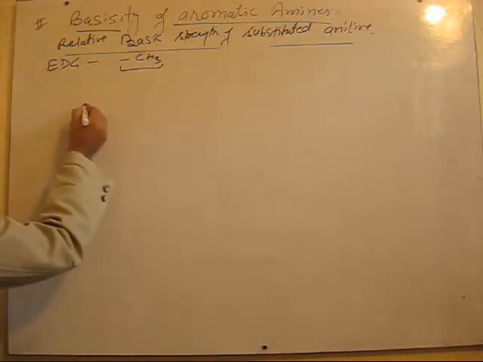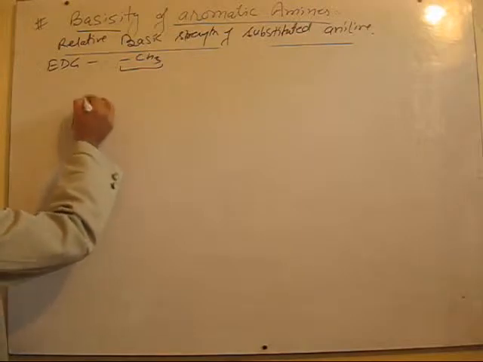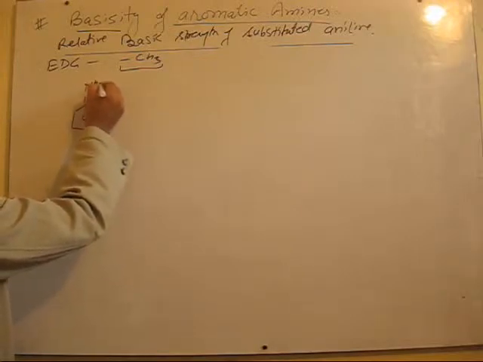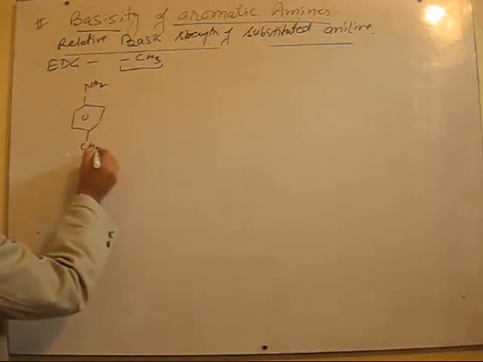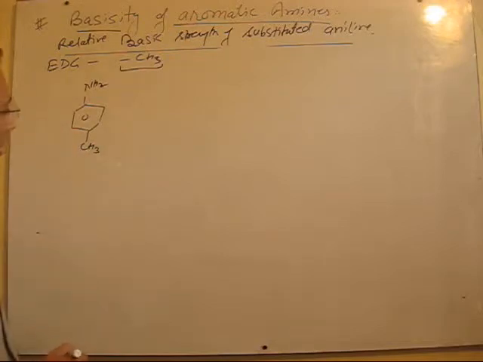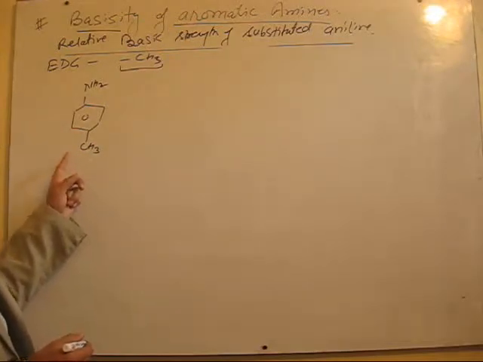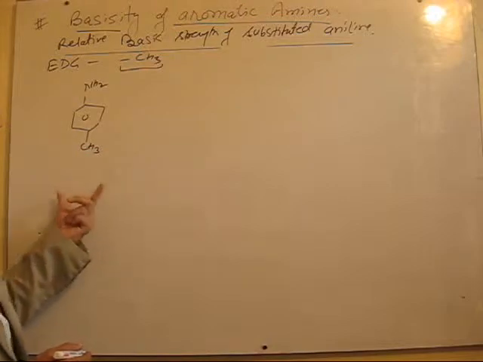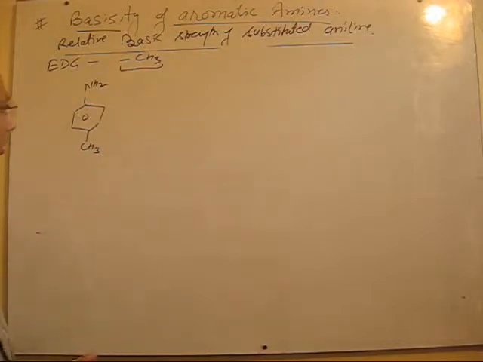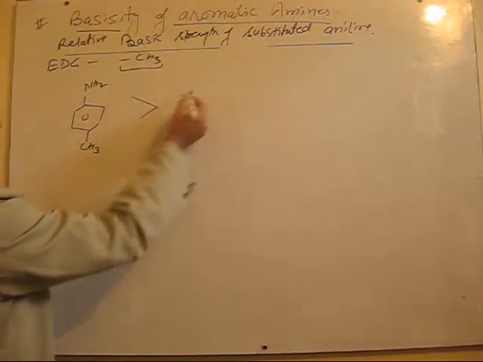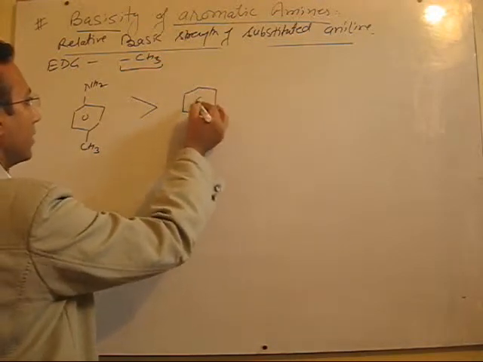We have found here one comparison that methyl group present at para position is going to increase the electron density on the nitrogen, and the effect is too much as compared to ortho and meta position. So let's see what is the comparison here.